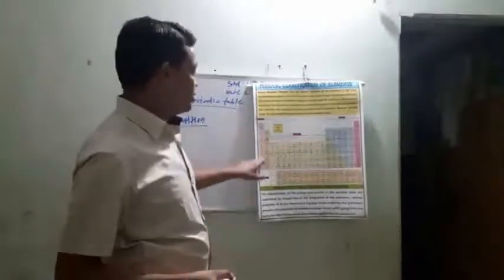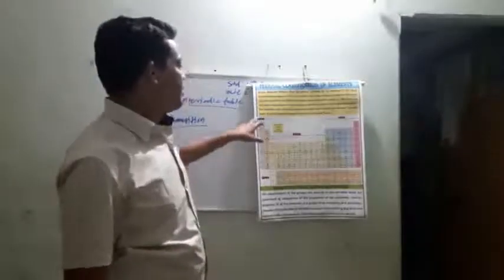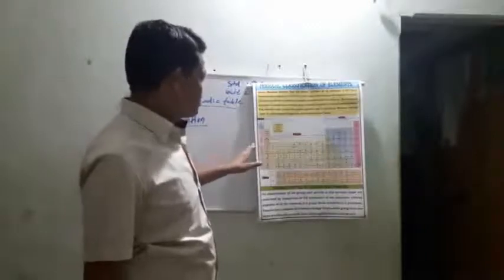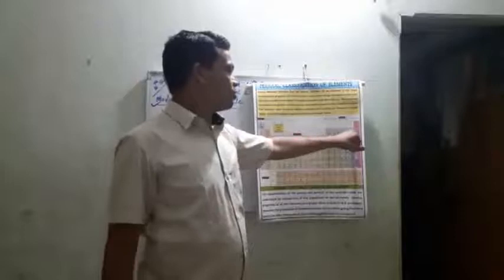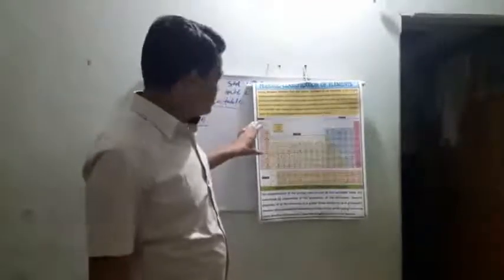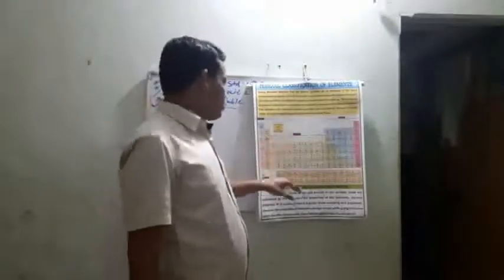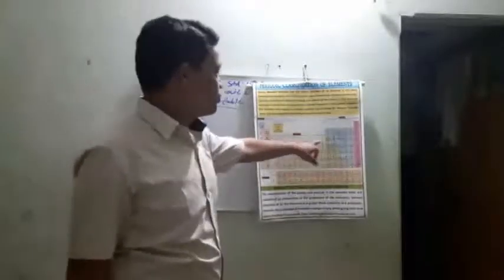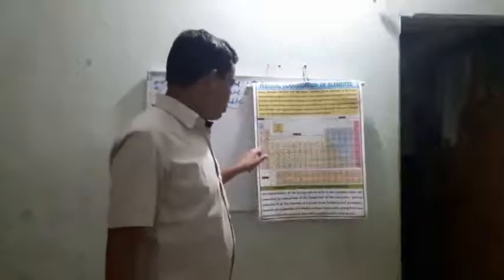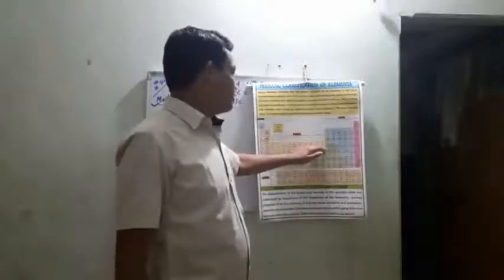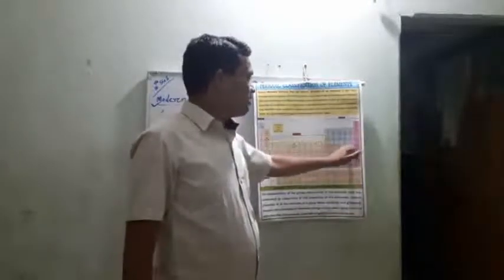Because in this periodic table, if you observe the elements from left to right, that is lithium, beryllium, then boron, carbon, nitrogen, oxygen, and so on, and from the D block elements, group 3 to group 12, as we go from left to right, the metallic properties of these elements decrease gradually, and after this zigzag line properties of non-metals are seen.